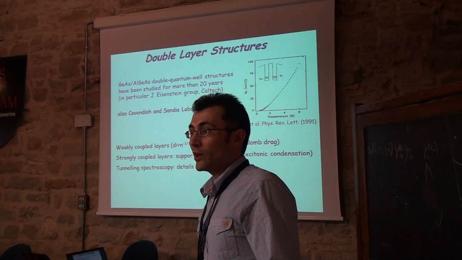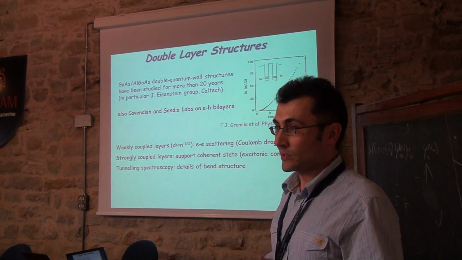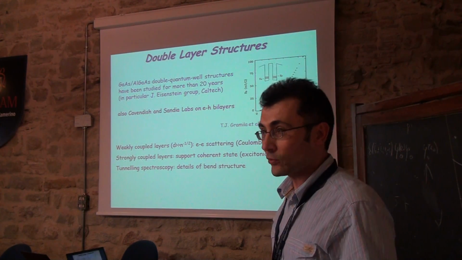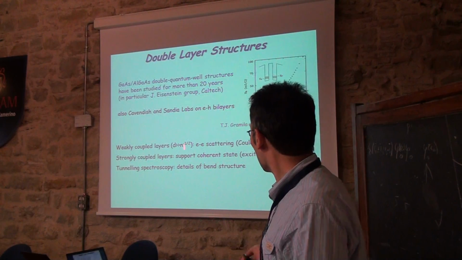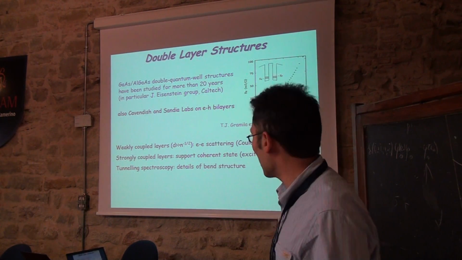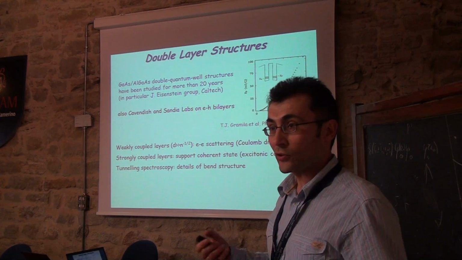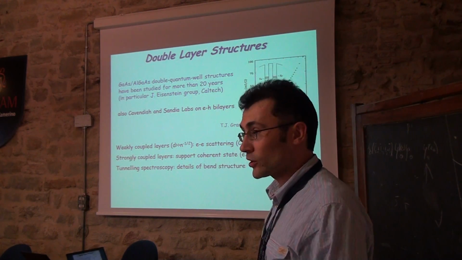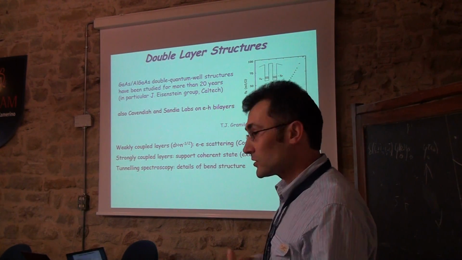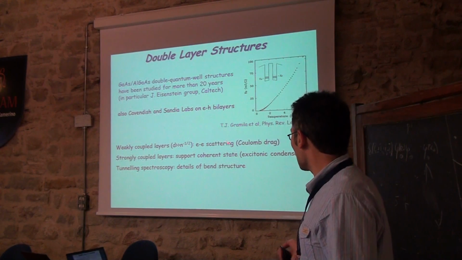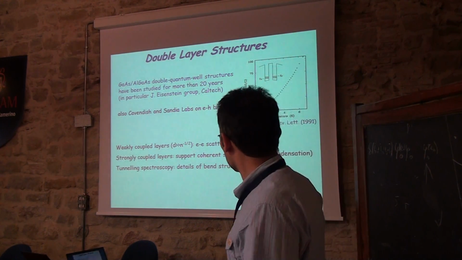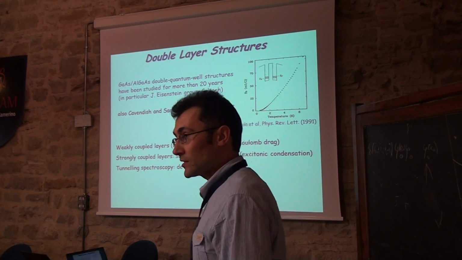The reason we are interested in this kind of system is obviously the interactions between the two layers, Coulomb interactions. If the systems are not strongly interacting with each other, then we can study electron-electron scattering, basically by measuring Coulomb drag. If they are strongly interacting, then it is known that they support a coherent state, which is sometimes referred to as excitonic condensation.